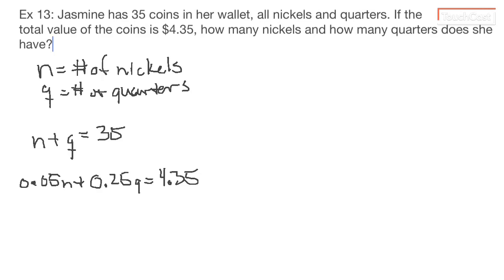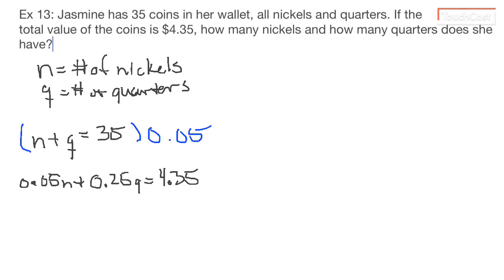Now we can use the substitution or elimination method. I'm going to go with elimination. So I'm going to multiply the entire first equation. I'm going to eliminate my n's. I'm going to multiply everything in that first equation by 0.05.